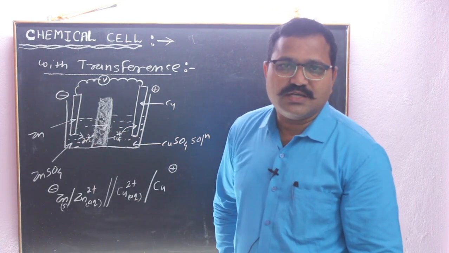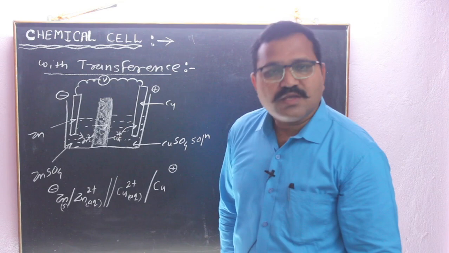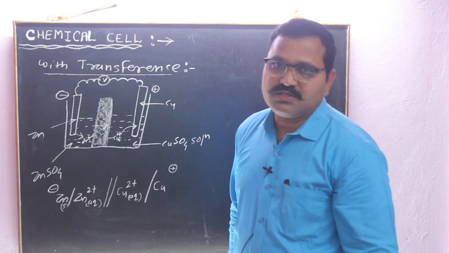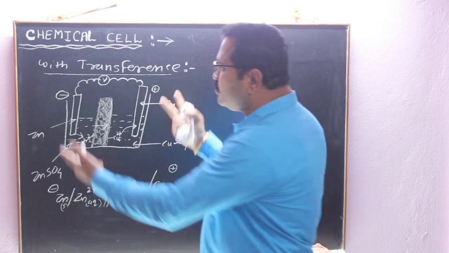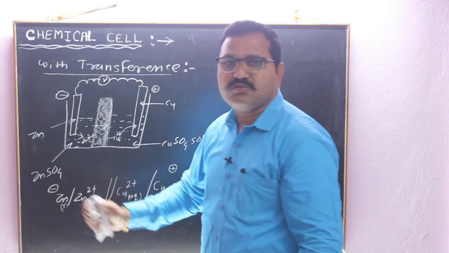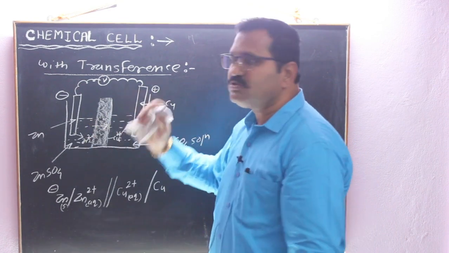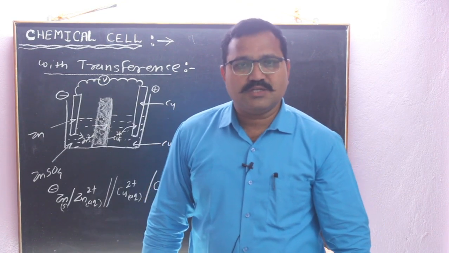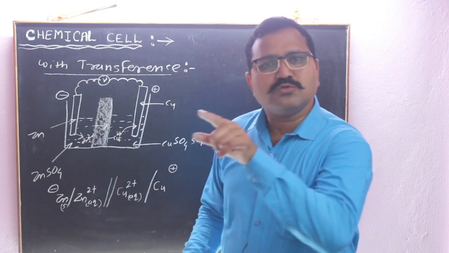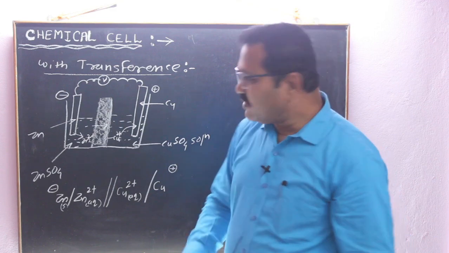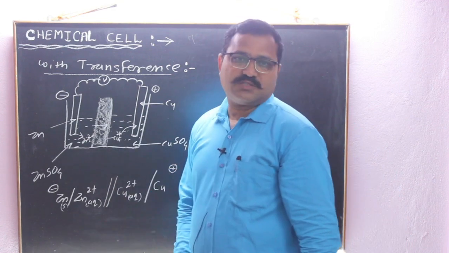That's why it is called a chemical cell with transference. Why is it called a chemical cell? Two different electrodes, there is actual chemical reaction. With transference, there is a transfer of ions through this porous partition or porous spot or even through a salt bridge. That's why it is called with transference.